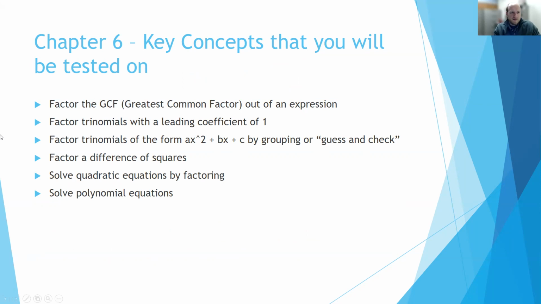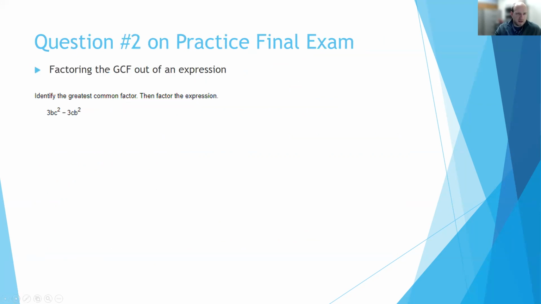So if I list factor out the greatest common factor, I will have an example on that, but not all of these will have an example. These are the concepts you'll be tested on for chapter 6, and I'll do that for every chapter, and then go through some examples from those chapters. So that's how this review is going to work.